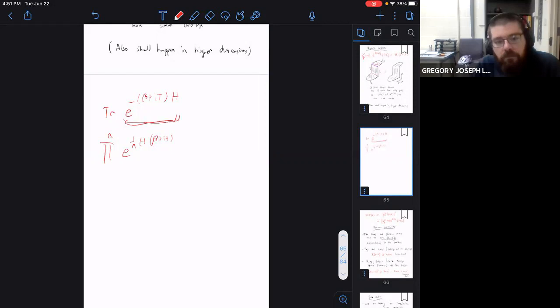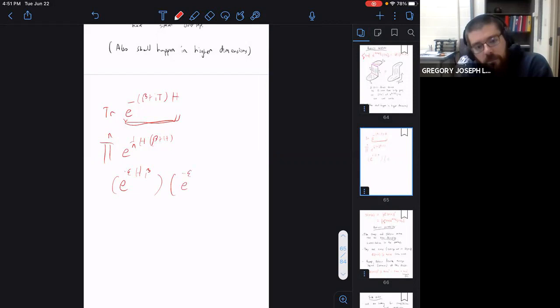We could also partition it up in different ways. We can think about this as a product of little e to the minus epsilon h beta, where if you take a bunch of products of these, it'll make e to the minus beta h. And then times another piece, which is e to the minus epsilon h times it.